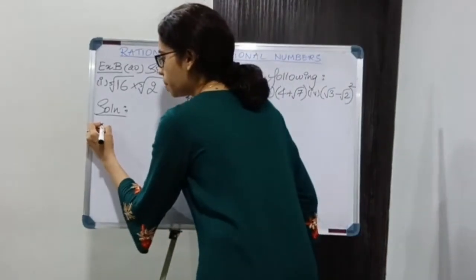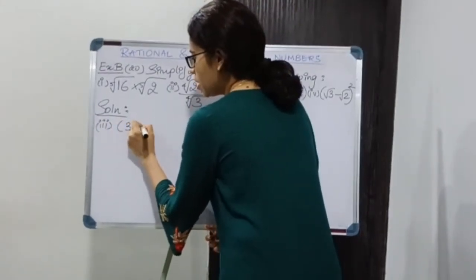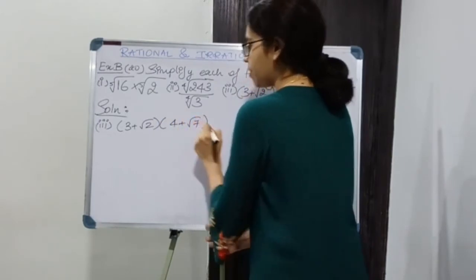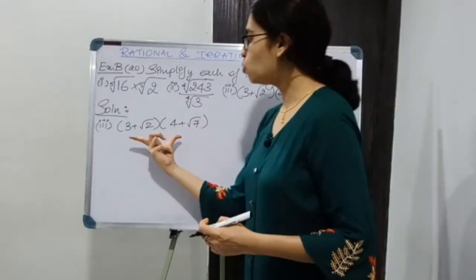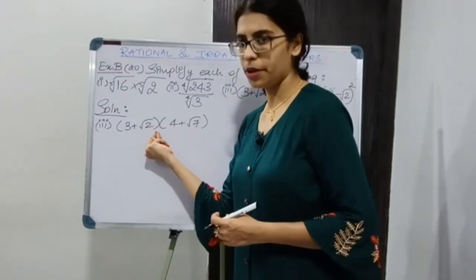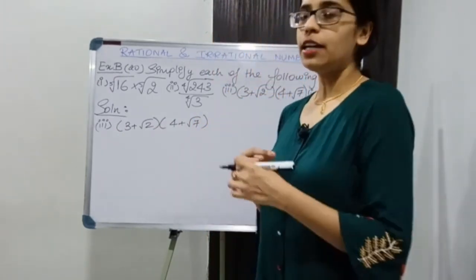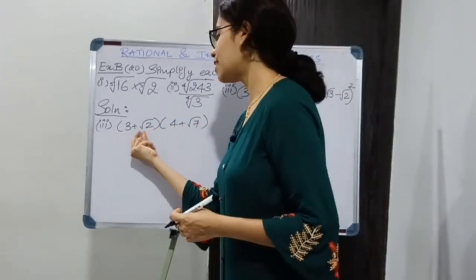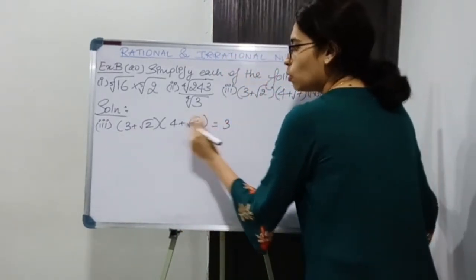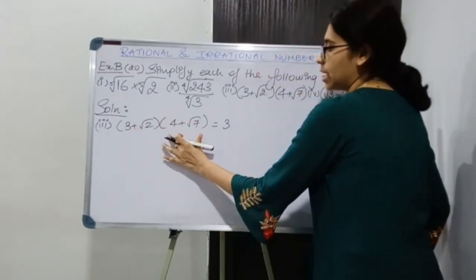Moving on to the third part of the question. It's 3 plus root 2 into 4 plus root 7. Over here we have two brackets, which are separated by multiplication sign. What I'll do is I'll open the first bracket, I'll split the first bracket. So I'll multiply 3 by the second bracket and then I'll multiply the next term by the second bracket.